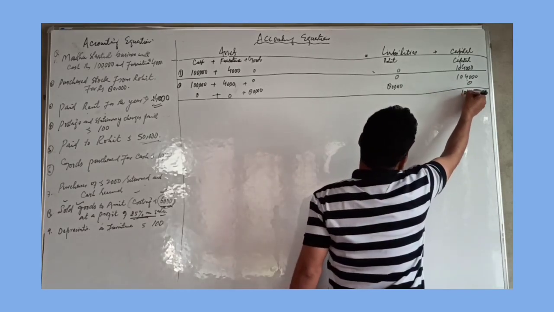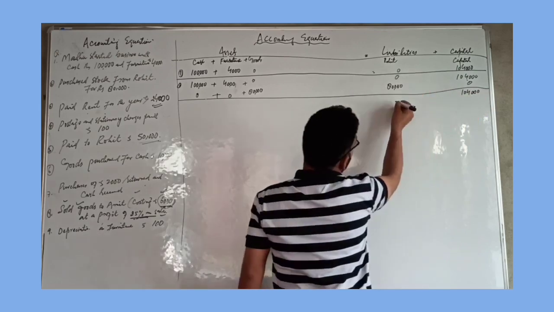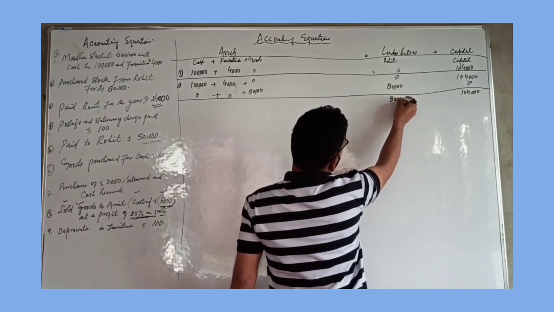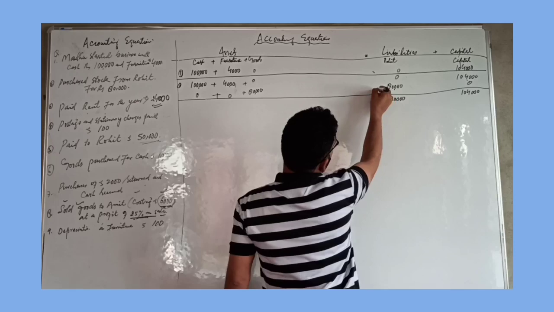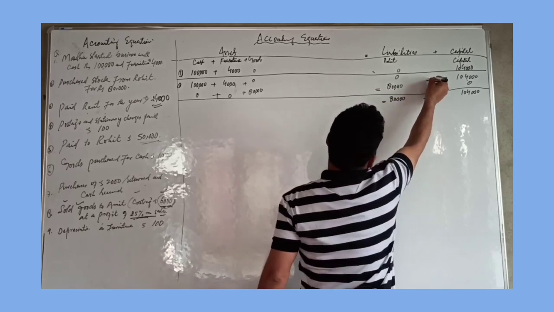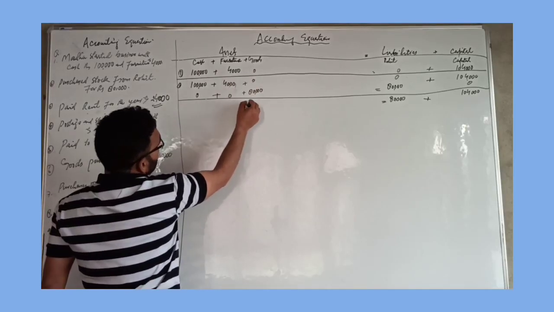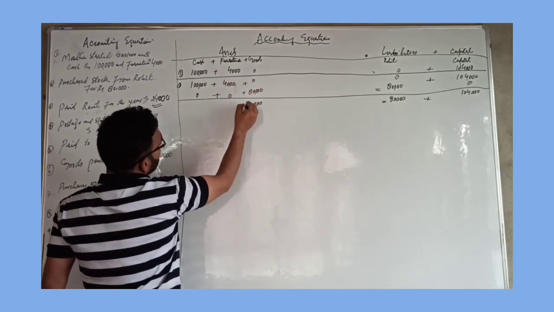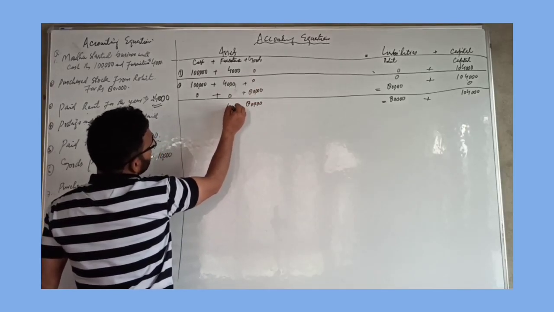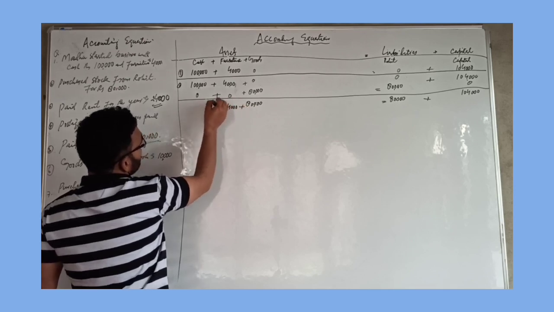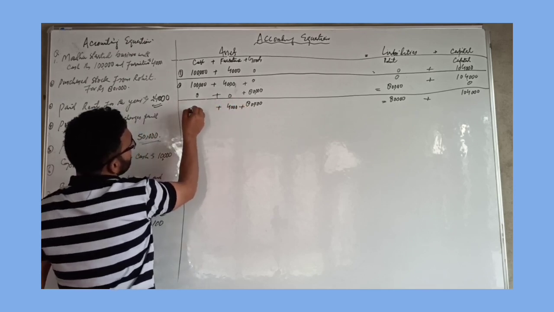Capital 1 lakh 4,000, liability 80,000, goods came in business 80,000, furniture in business is 4,000, and cash in business is 1 lakh.